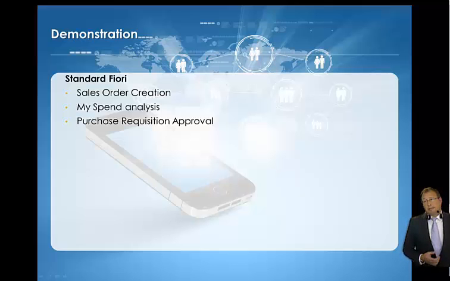We'll look at spend analysis. This is more of a look at information underneath SAP for projects and departments to see how you're spending and compare the budget against the actual spend. And finally, we'll look at the approval scenario, which will be a purchase requisition approval, and we'll see those three.